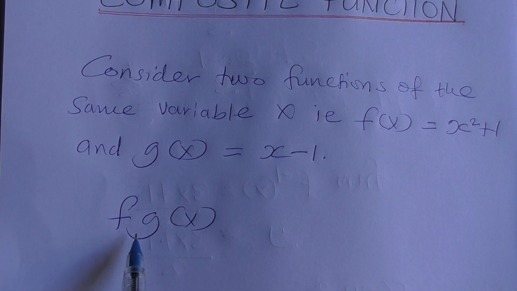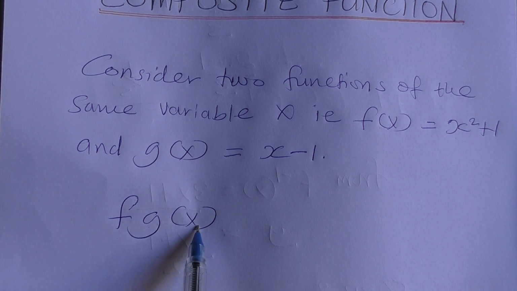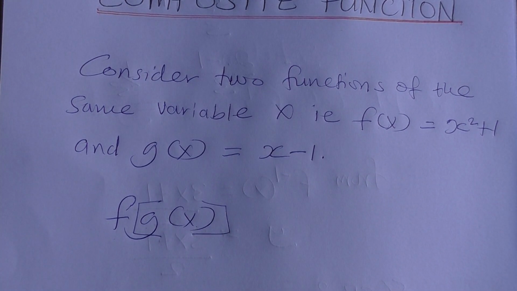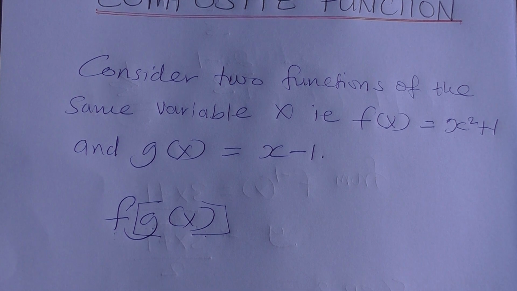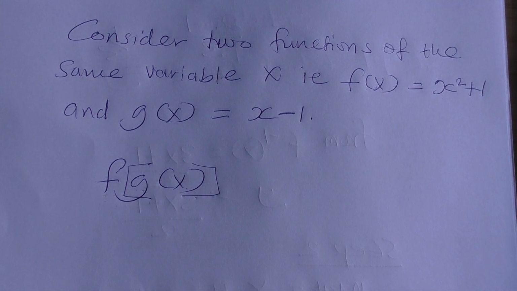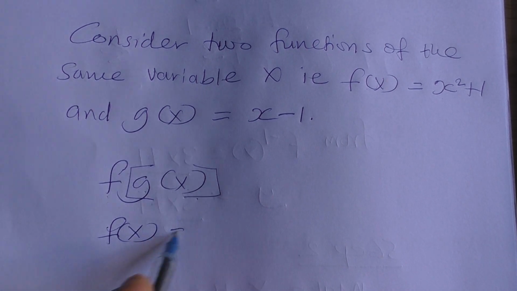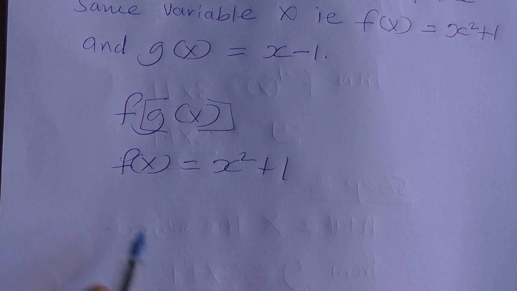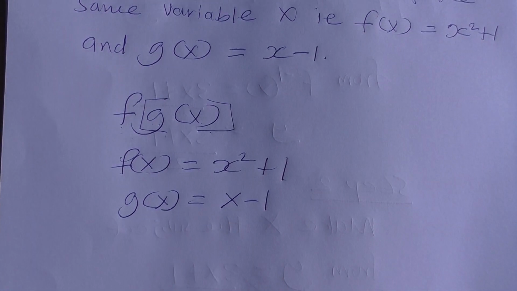So when you say fg of x, we are getting a function of a function, the f of g of x. And therefore, how do we get this? We have f of x, which is x squared plus 1. We have g of x, which is x minus 1.